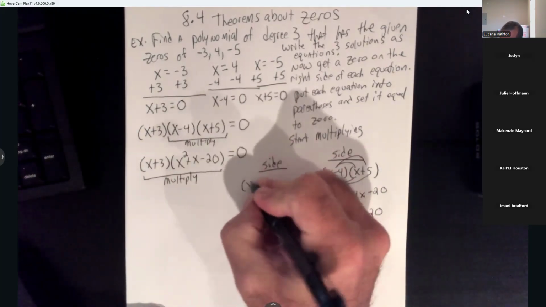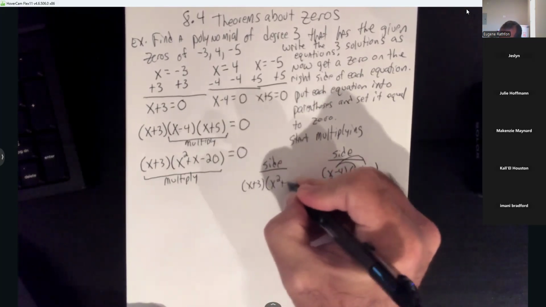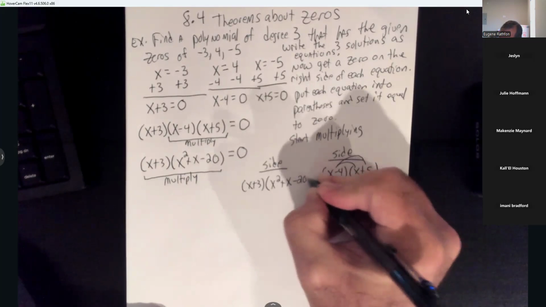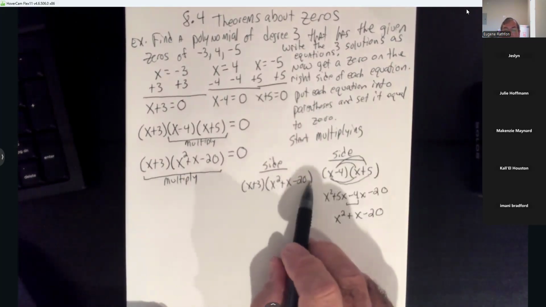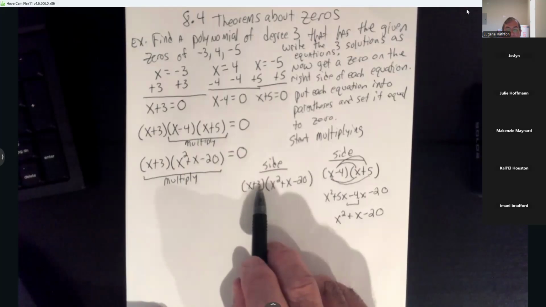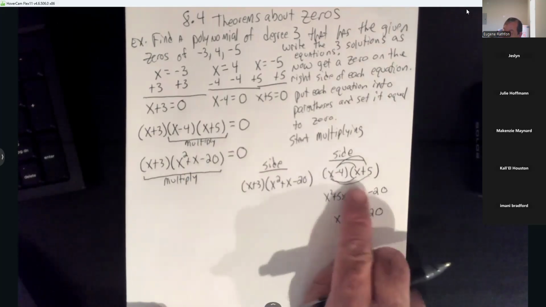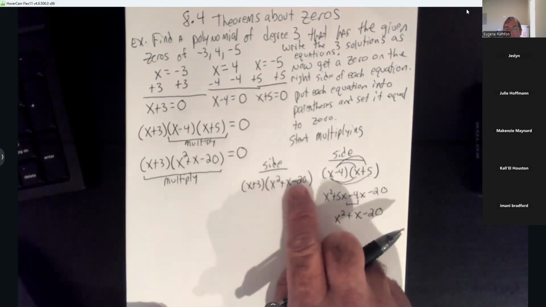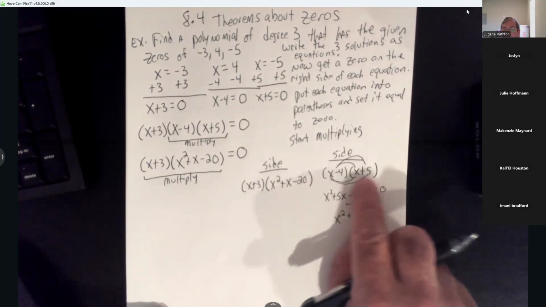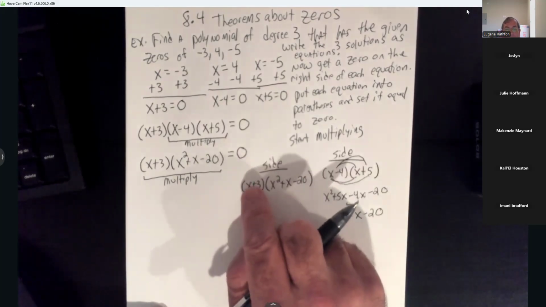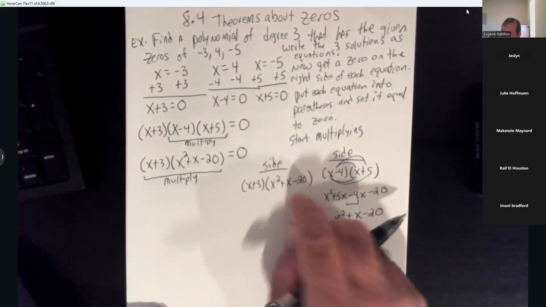I'm going to do x plus 3 times x squared plus x minus 20. You distribute the x times all three of these, and then we'll distribute the 3 times all three of these, okay? So you're doing the foiling, but it's a little longer. Here, 2 things times 2 things, you had 4 parts. When we do this one, 2 things times 3 things, we'll have 6 parts, okay?